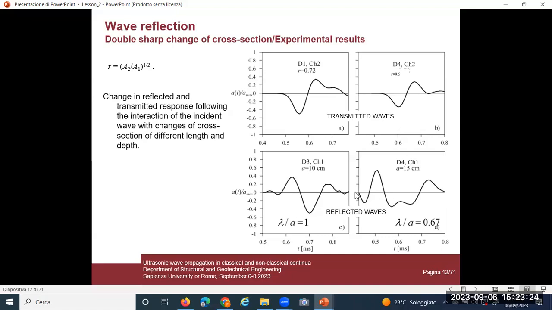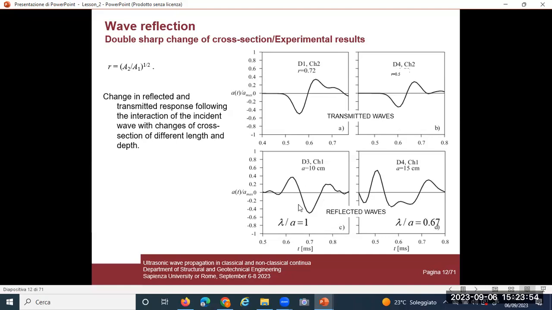Just check out these two time histories. You see that here the two waves can be distinguished very clearly. The first one is just reflected by the first change in cross-section, and the second one is the wave reflected by the second change in cross-section and then transmitted to the first part of the bar.